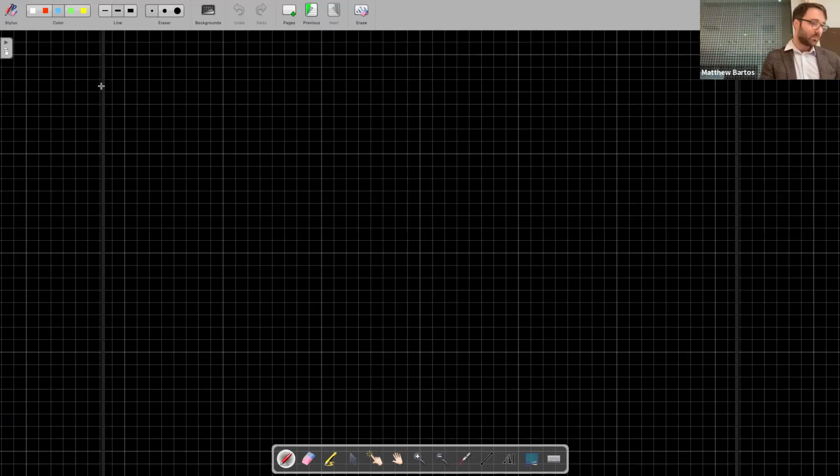So I'll write down the problem statement. We have a cast iron pipe that is transporting water.